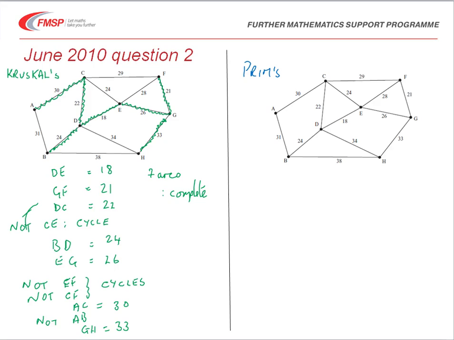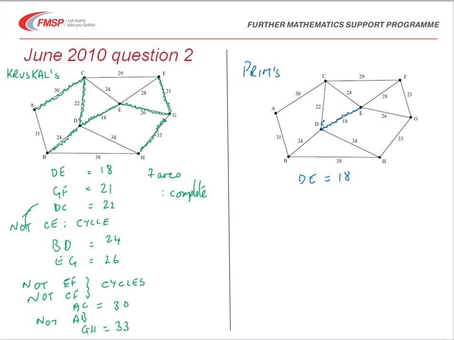We'll now look at Prim's algorithm. I'm going to start at D again, so that the first one adding in is, as before, DE, and that is length 18. But then we're going to look from either D or E. We're not looking for the smallest arc anymore. We're looking at the arc coming from either D or E. So the tree is going to grow.